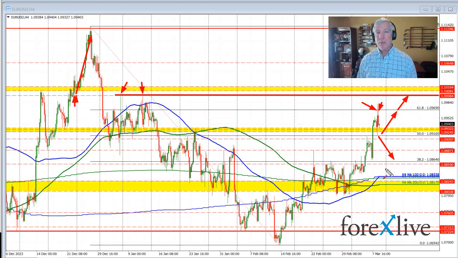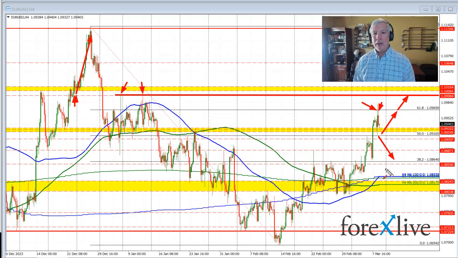But most people on the ECB are thinking toward June as the time to ease rates. Will the Fed ease by June? We'll see. The employment data did help a little bit toward that idea, but the battle is going on between those central bankers, and that may have an impact on this euro versus US dollar pair from a fundamental perspective as well.